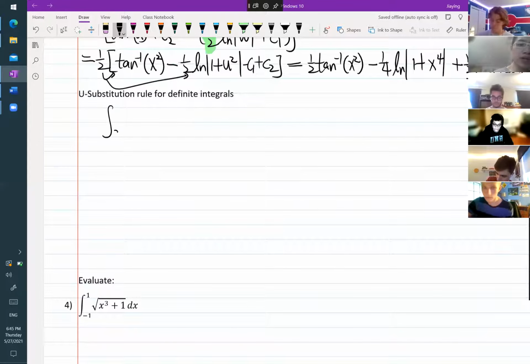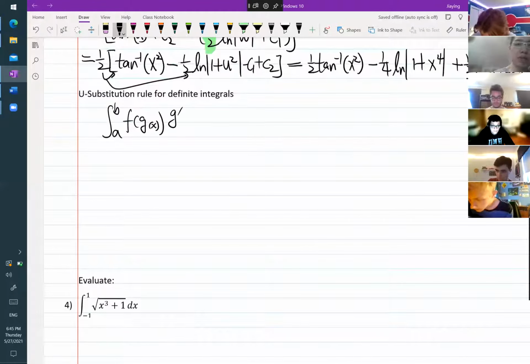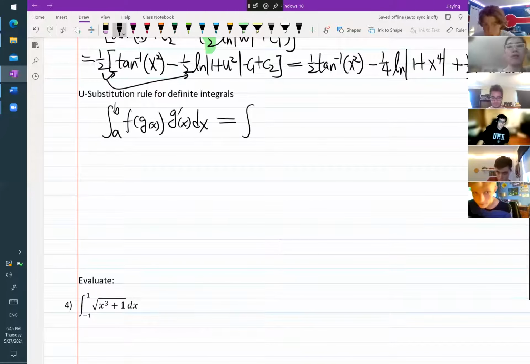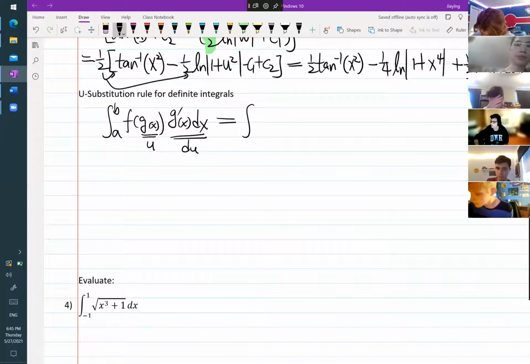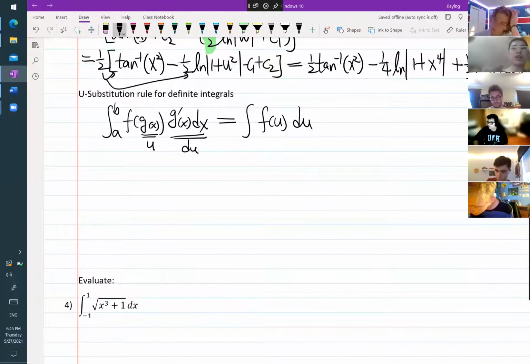If we're integrating from a to b of f of g of x, g prime of x dx, recall that for the indefinite integral, we call g of x u, and g prime dx becomes du. So we end up with f of u du. That's the expression we had for the indefinite integral.